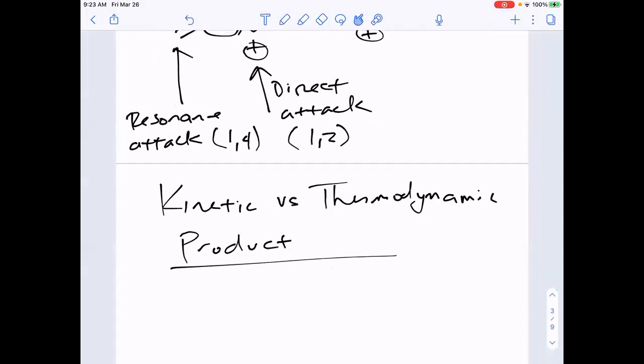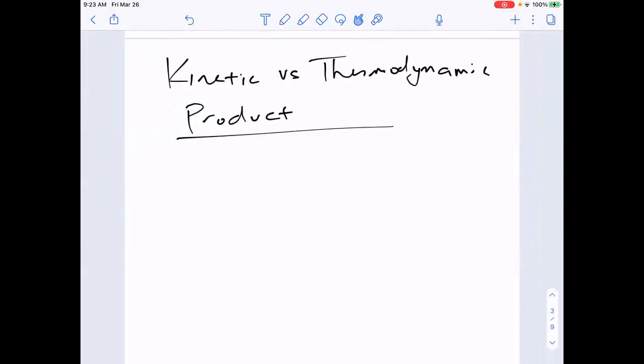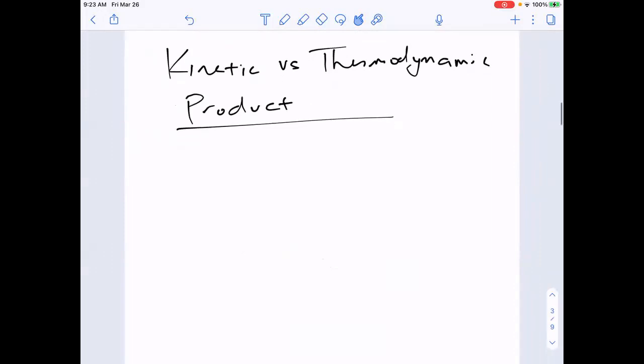All right, and we're going to start with that same alkene, that same conjugated diene here. And we're going to treat it with HX, which in this case we'll stick with HBr. We already know this, but what I'm going to add in is the element of temperature.